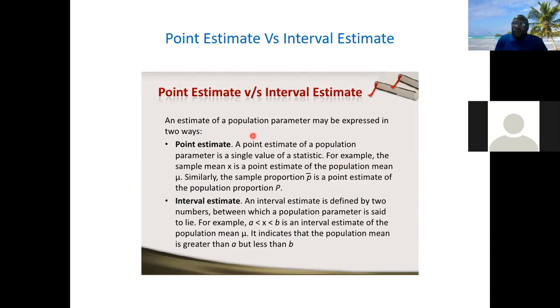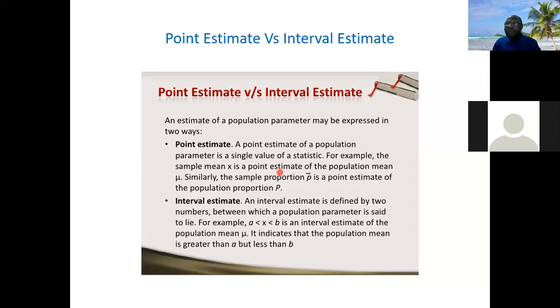What is a point estimate? The point estimate of a population parameter is a single value of a statistic, when you use the statistic to estimate the parameter. So if you calculate only one value, like the mean blood sugar is 65, that is a point estimate.